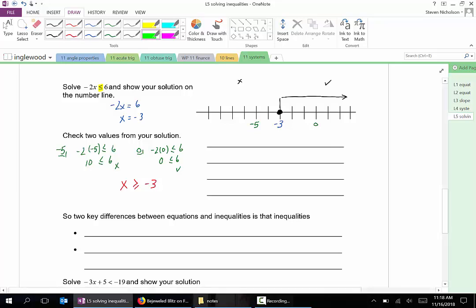So here's what I want you to notice. Notice the original question with the x, it was the less than or equal to, and in the solution, it turns out to be greater than or equal to. So I just want to remind you of something, make a little note: you actually don't need to know this if you do a checkpoint. So it seems that the inequality is backwards in the answer.